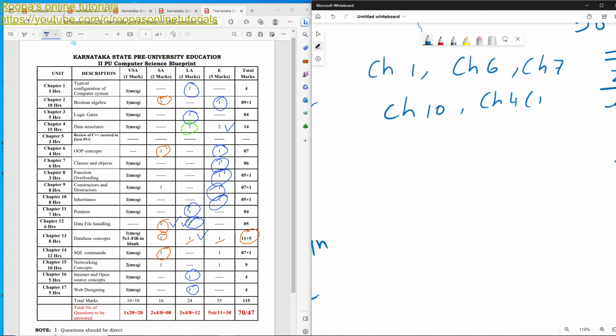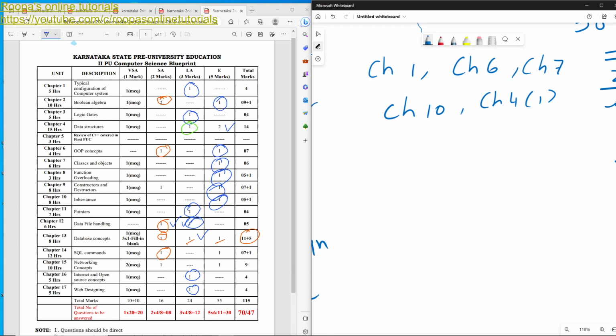At least one theory question you can be thorough with if you are confused with the algorithms, because many students are only worried about the algorithms, they don't think about the other theory questions. Please don't do that. Theory questions are easy, so learn that, be thorough with that. Then constructors, destructors, again, whichever is easy for you, you can go through them. Rules for constructor is generally asked. If you get that question, you are lucky.